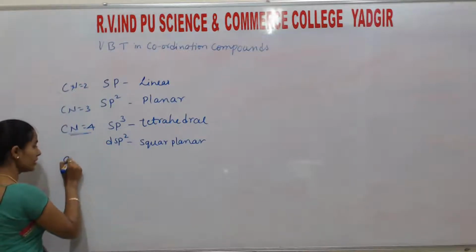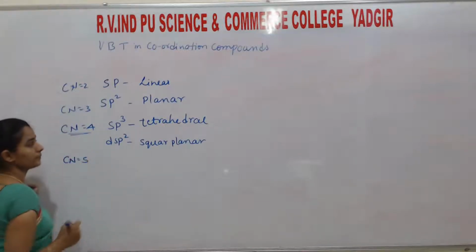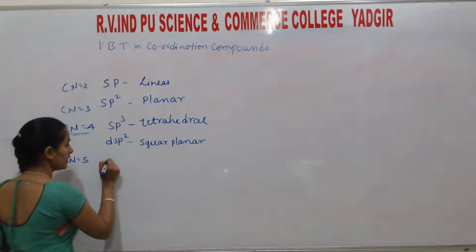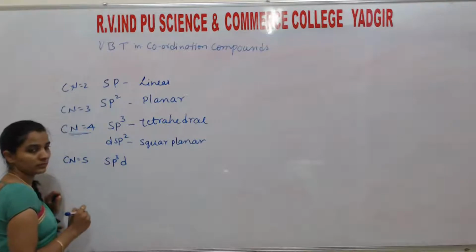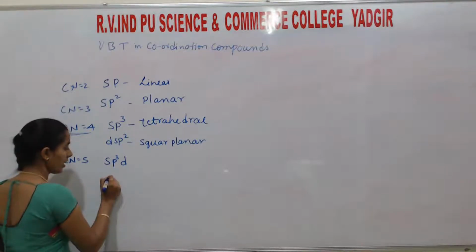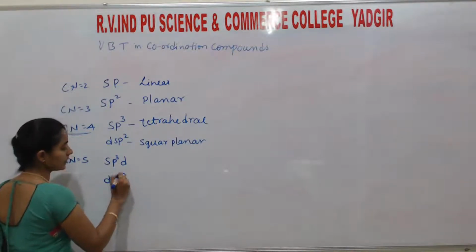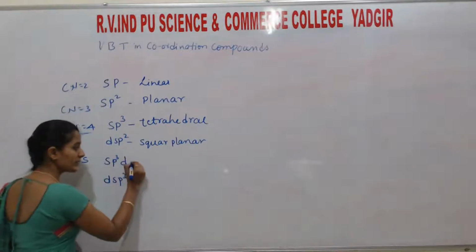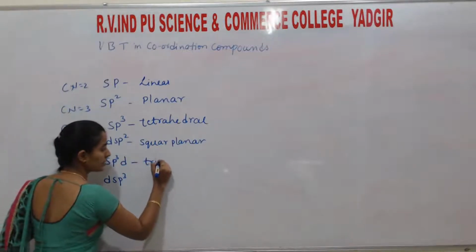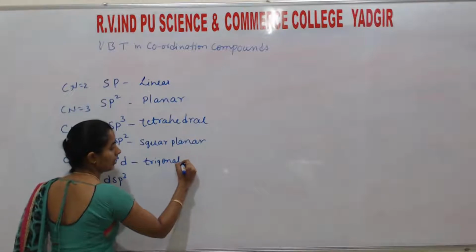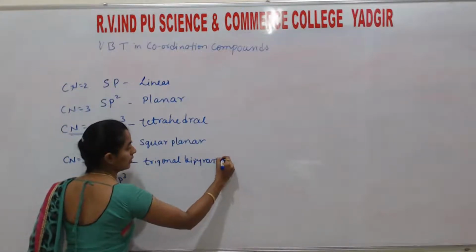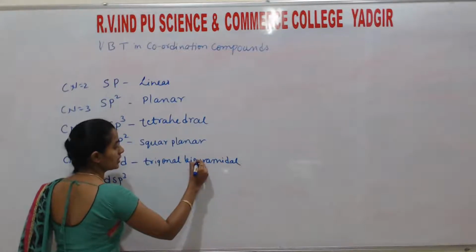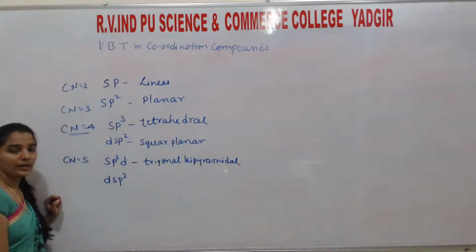If coordination number 5 is there, then it may be sp3d or dsp3. If it is sp3d, then the structure is trigonal bipyramidal.